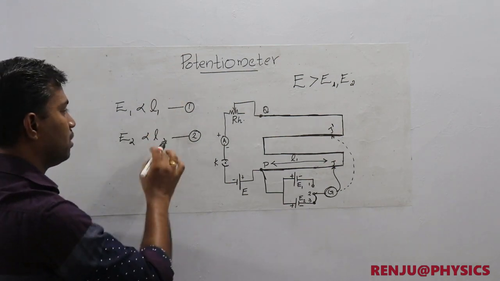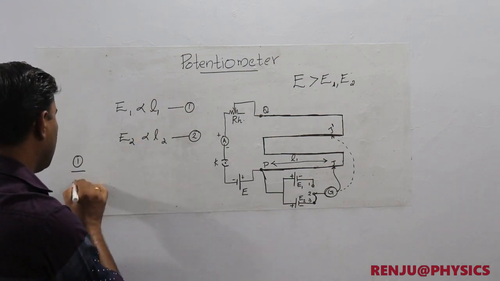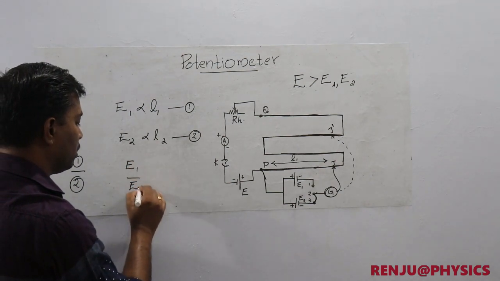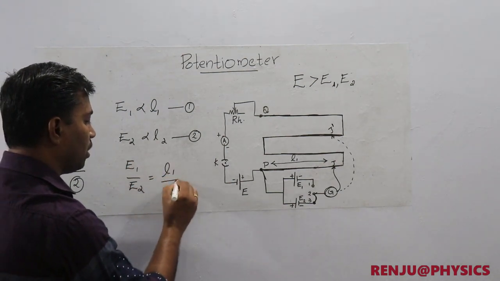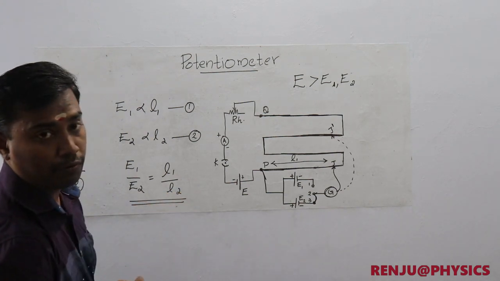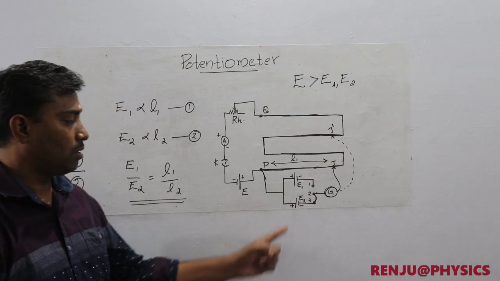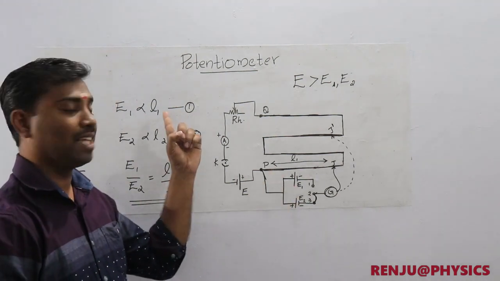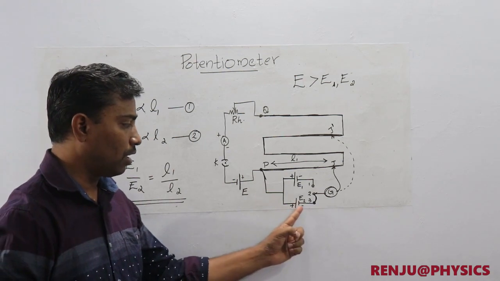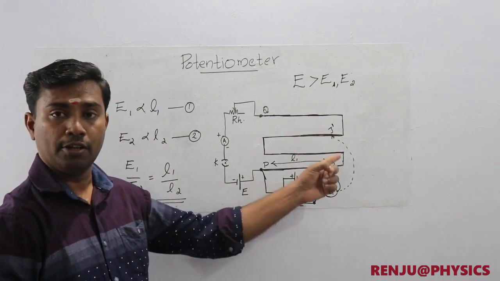Now we divide equation 1 by 2, and we get E1 by E2 is equal to L1 by L2. So this is a way of comparing the EMF of two cells. First we find the balance length for E1, which is L1, then the balance length for E2, which is L2.